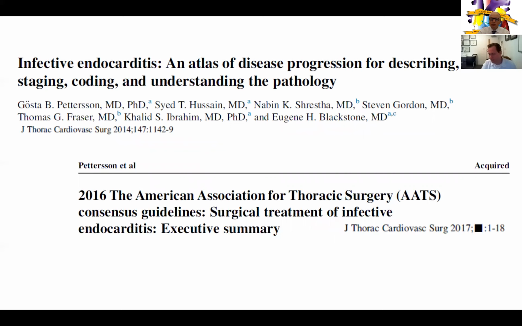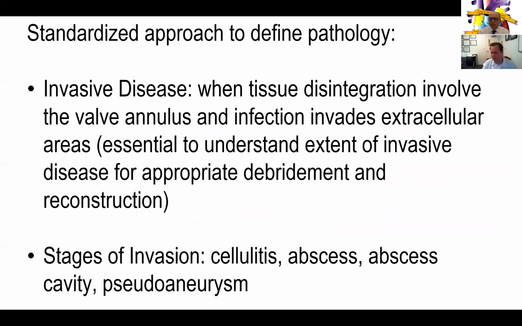So the ESC has an excellent guideline document on endocarditis, which I encourage you all to read. But in terms of thinking about the anatomic considerations, the surgical guidelines are also very helpful and informative. And what the surgical guidelines do is they provide us with a standardized approach to define pathology.